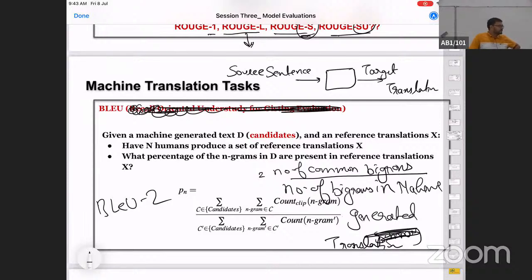So what is the difference here? The difference is just in the denominator. The rest is almost the same idea.